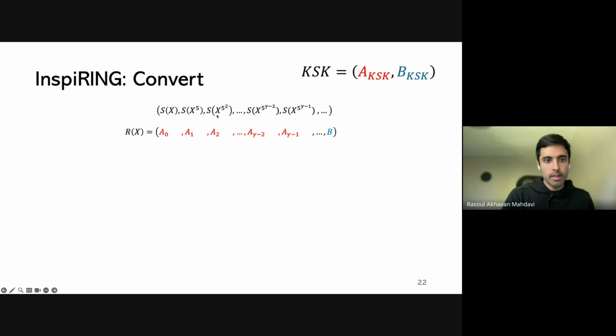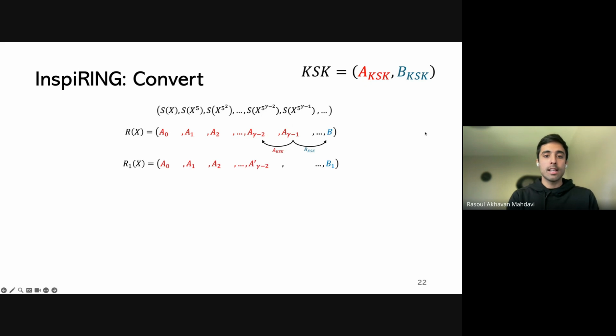Let's say we start off with this ciphertext R(X), which has, again, a lot of A components. And I've written the corresponding secret key component on top of each A term. The way to start collapsing this is you take the last A component, and by using the key switching key that you were provided, you collapse that last term onto the term before it, in a way representing the last secret key component in terms of the secret key component before it.